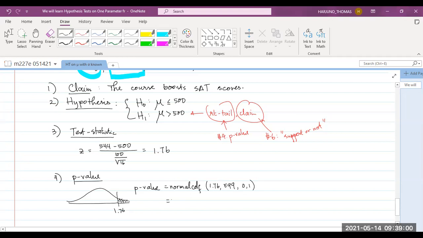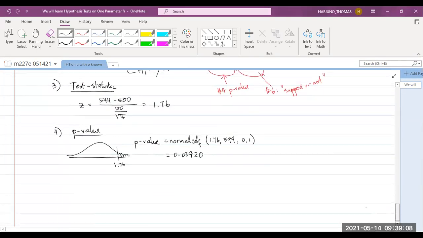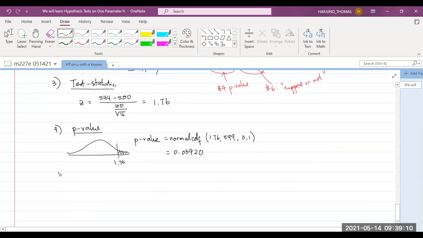I get 0.03920. Oh, what is the alpha? The alpha is 1%. Okay, so informal conclusion: because the p-value is not less than alpha, right, the p-value is greater than alpha, then we will fail to reject the null hypothesis.